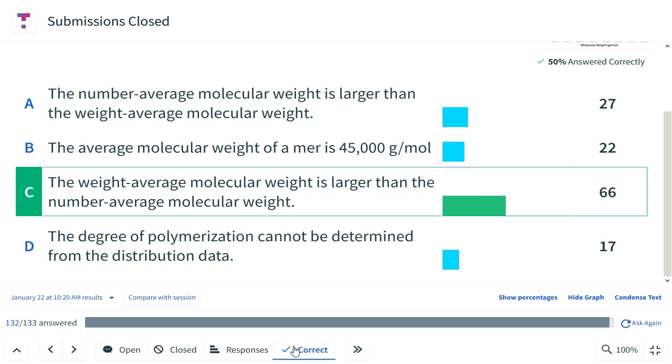And then some of you, still significant, said that the degree of polymerization cannot be determined from the distribution data. Either you guessed that or you legitimately thought that, but that is not true. We can determine it based on the data that you're given, the plot. It involves some computation, but you can calculate the degree of polymerization from this data.